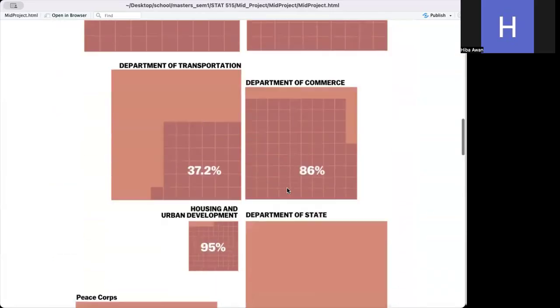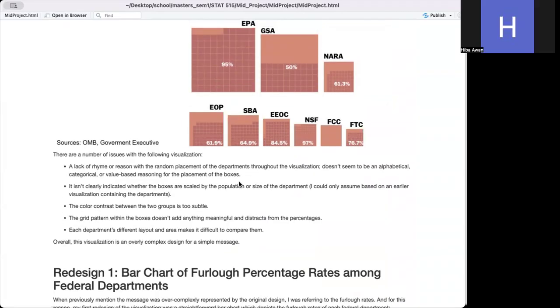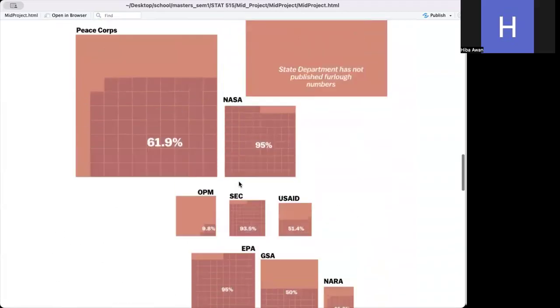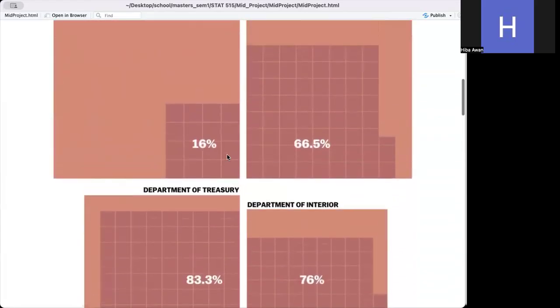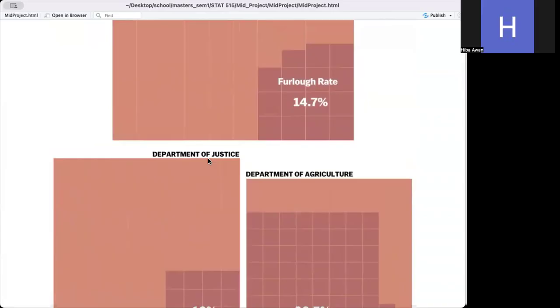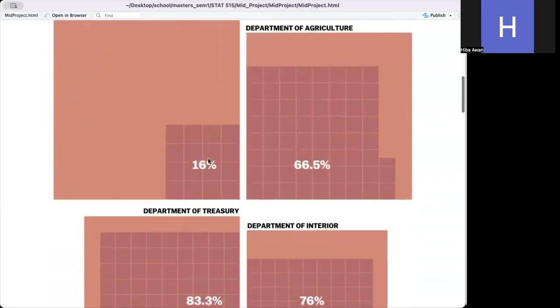Looking at the issues with the visualization, it is honestly sort of a mess. The first thing I noticed was that there wasn't any exact reasoning for the placement of each of these boxes representing the departments.